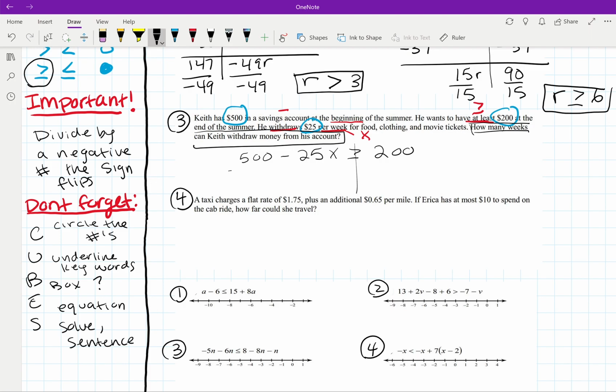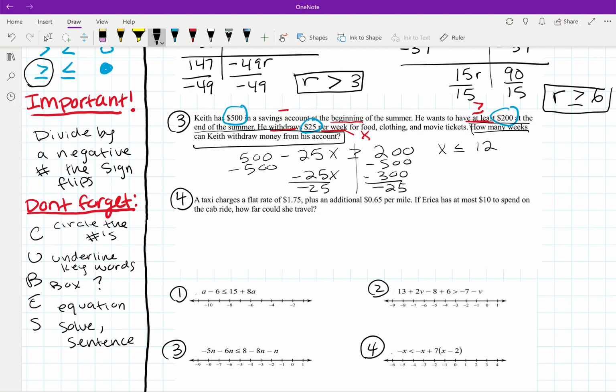I'm going to subtract 500 from both sides. I get negative 25x is greater than or equal to negative 300. Then I divide by negative 25. Dividing by negative 25, 300 divided by 25 is 12. Since we divided by a negative, the sign flipped.